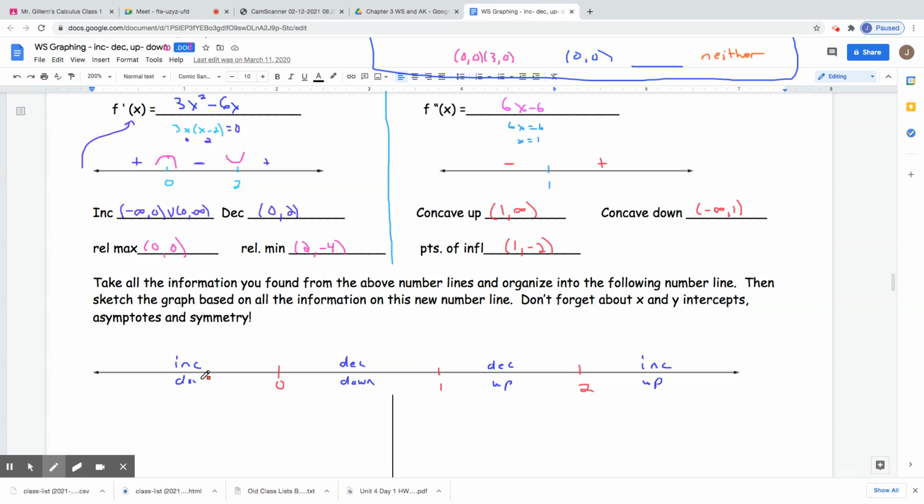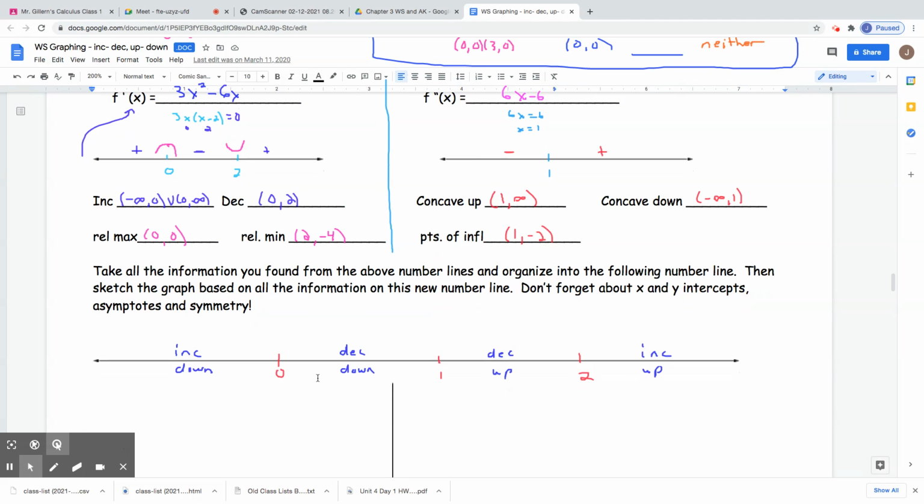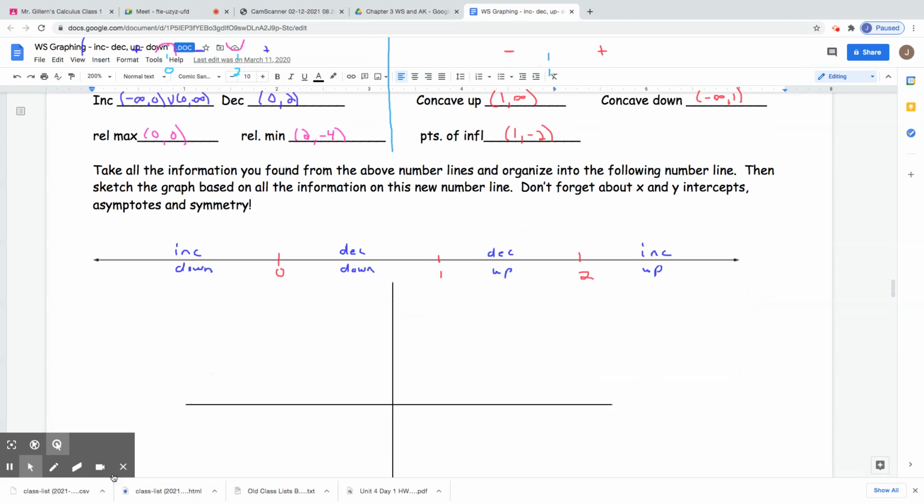So what I've basically just done is I now know what the curves look like on every interval. Everything less than 0, the function is increasing and concave down, decreasing and down, decreasing and up, increasing and up. So what you have to know is how to actually draw those curves.